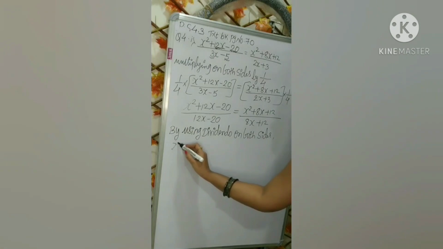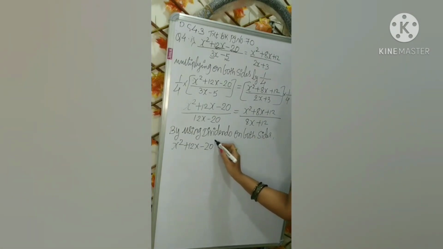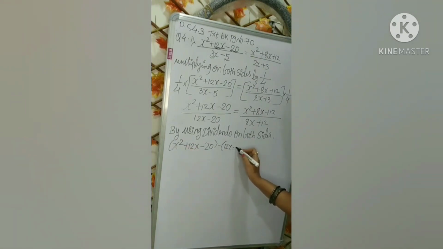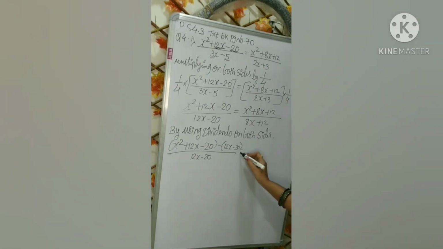So when I am using dividendo property, you all know that my numerator, first I need to copy, then minus, I will subtract this 12x minus 20 from the numerator, and denominator I will copy down as it is, 12x minus 20, it will not change. Same thing I have to repeat on the other side. I will be writing x square plus 8x plus 12 and then minus 8x plus 12, the whole upon 8x plus 12.